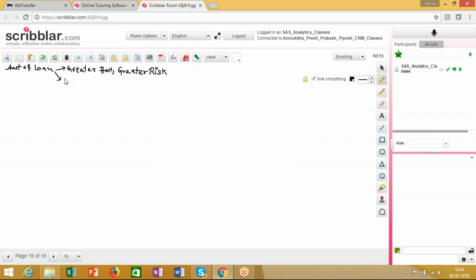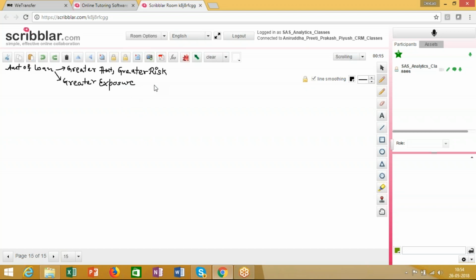Why is it so? Because the greater the amount of loan, the higher is the exposure.